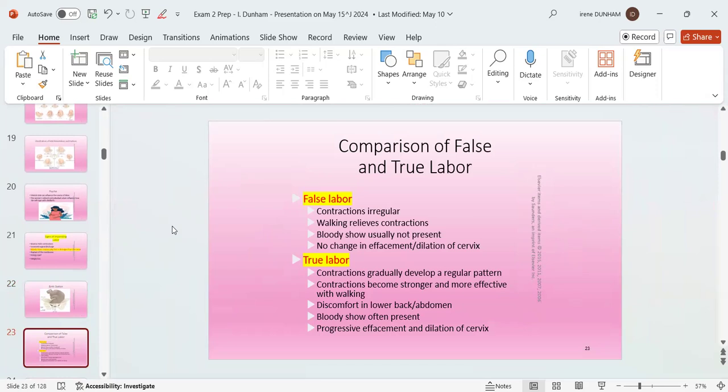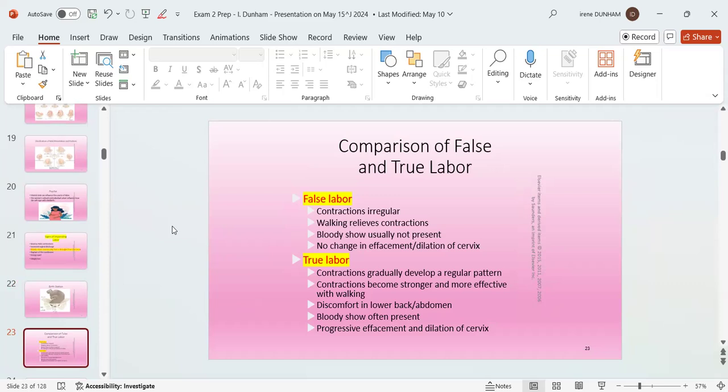I put her on the monitor and take her vital signs. The baby's heart rate is between 110 and 160, so we're good. I see some accelerations of the heart rate, which is good, and a contraction pattern every 3 to 4 minutes, lasting 60 to 70 seconds. I go, this is pretty good.